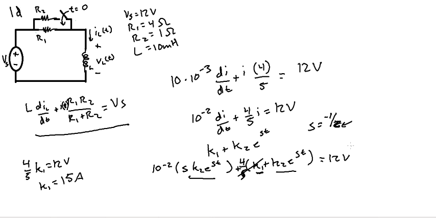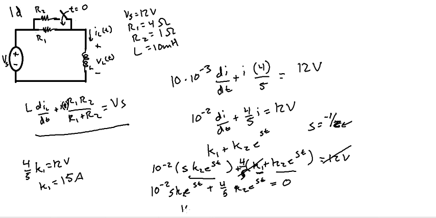Alright, then, so we've gotten rid of this, we've dealt with this. We got rid of this and this because they were equal to each other. We took them out, we took them aside. So we've got 10 to the negative 2 s K2 e^(st) plus, this should be K2, plus 4/5 K2 e^(st) equals 0, because that's the only way to get rid of time dependent parts is to basically put them to 0.